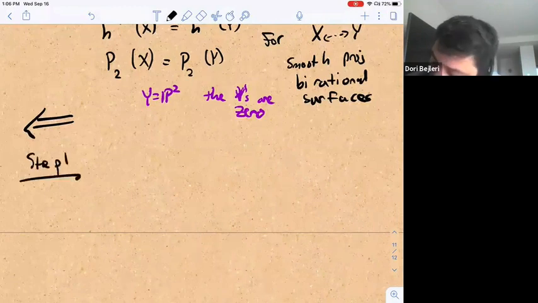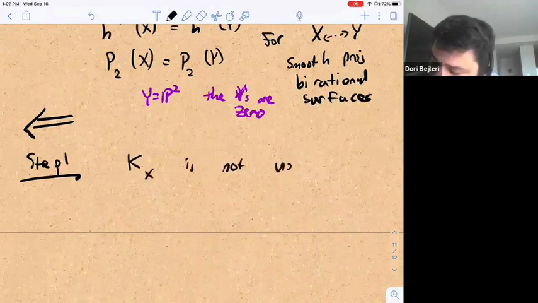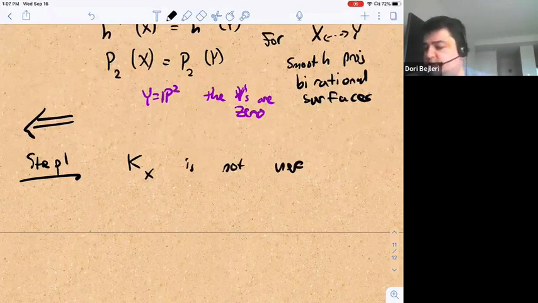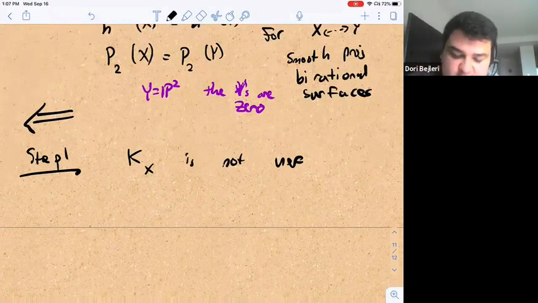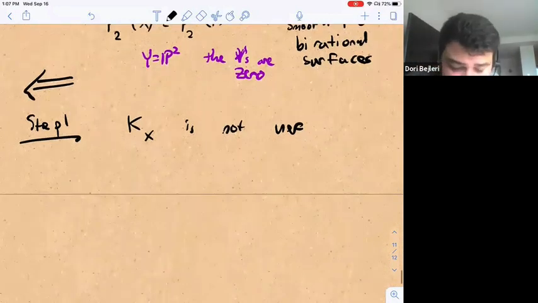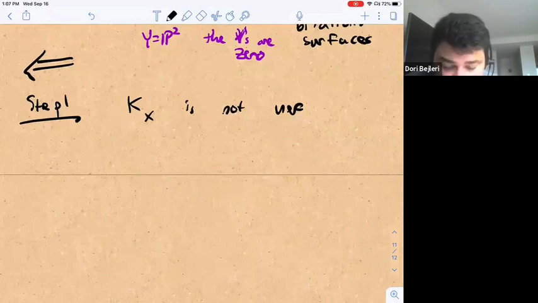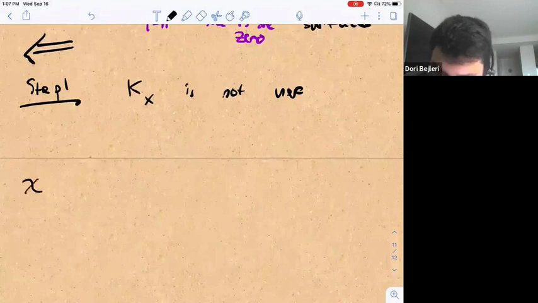So step one, we want to use this to show that Kx is not nef, because we want to use our understanding of these extremal contractions in the MMP, and that they always produce ruled surfaces or P2 to prove this. So our first step is to show that we can find such an extremal contraction. So to do this, let's write down some computations.